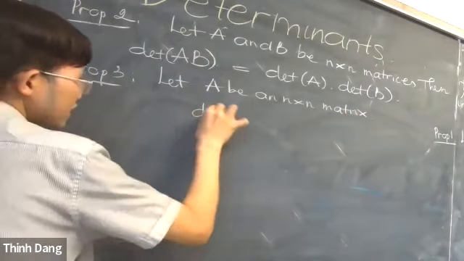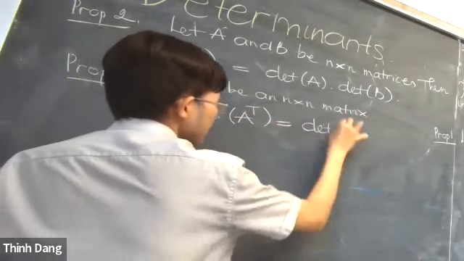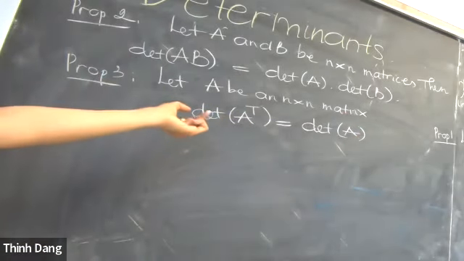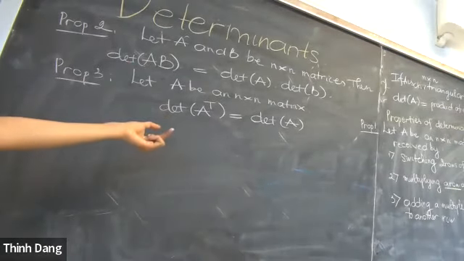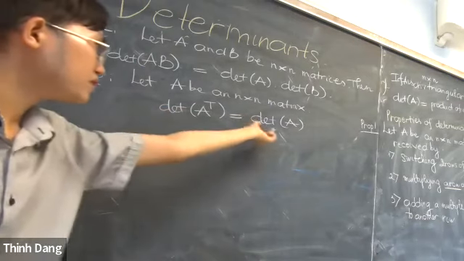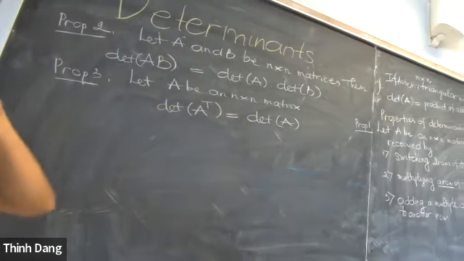And we should have the determinant of A transpose is actually equal to the determinant of A. Because A is an n by n matrix, then A transpose should also be an n by n matrix too.